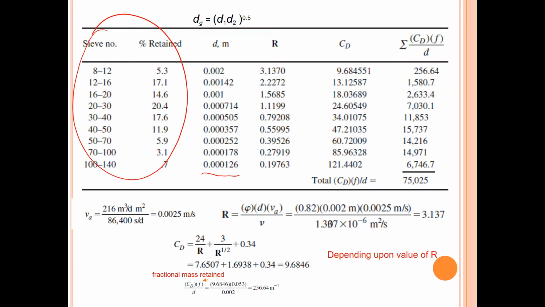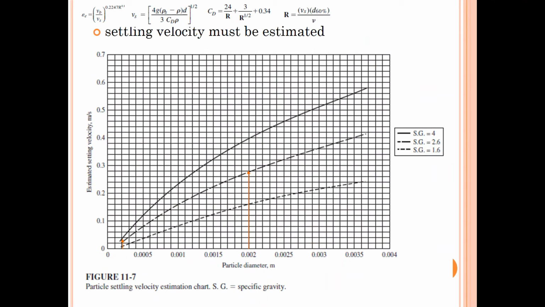This particle should stay in the system. So if we see the graph, 0.000125 is somewhere here, and then we can find this estimated settling velocity. So the backwash velocity should not be more than this one.